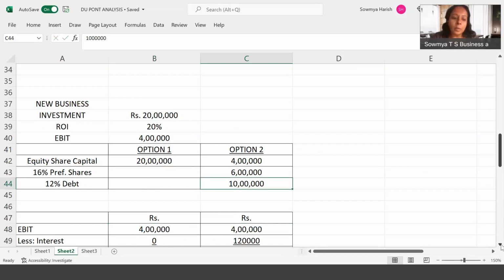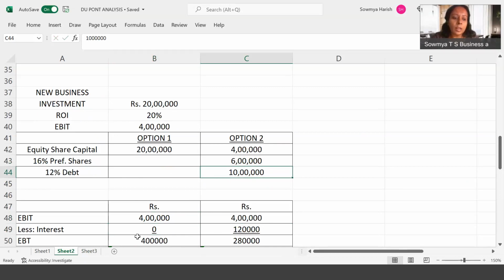So from EBIT, first you will deduct the interest payment. So you get an EBT of 4 lakh if you're going for option 1. If you're going for option 2, you'll get 2,80,000. Out of 4 lakhs, 1,20,000 you're paying as interest payments for the debenture capital, whereas in option 1, you don't have to pay. Then after you make the interest payment from the profit, the next obligation you will have to fulfill is your taxes.